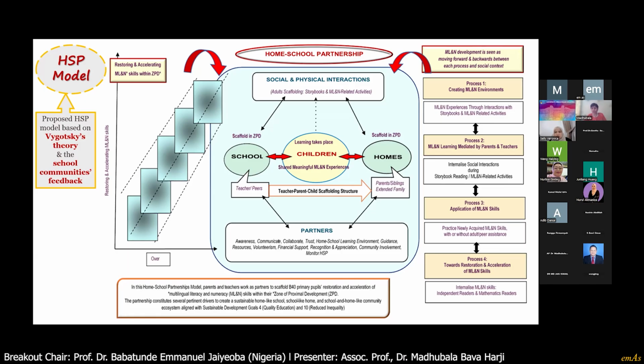As the children internalize this, they also apply it. They're able to apply the acquired skills with or without adult assistance, where ZPD talks about relinquishing the role of the adults. Eventually, the children will be moving towards mastery of the skills.